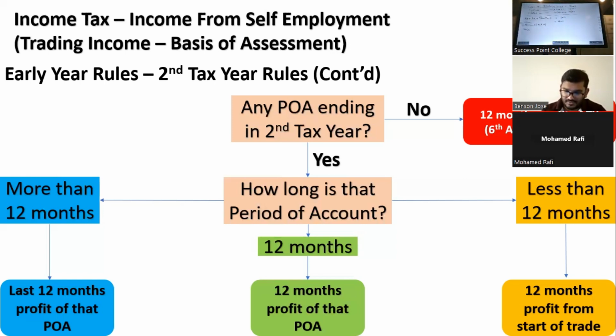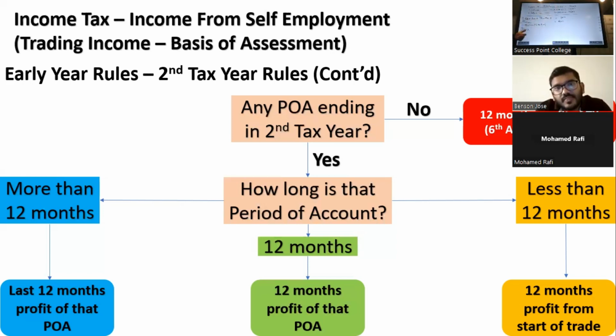Okay. In this case, when this situation occurs, this is my first tax year, this 1920 is my second tax year, and 2021 is my third tax year. So in the third tax year, still the period which is ending is more than 12 months because June 20 is the third tax year.